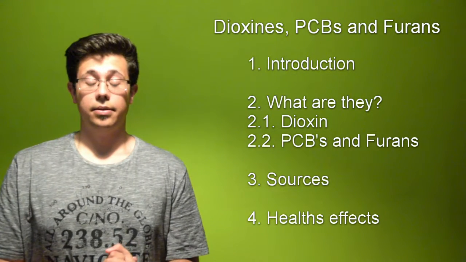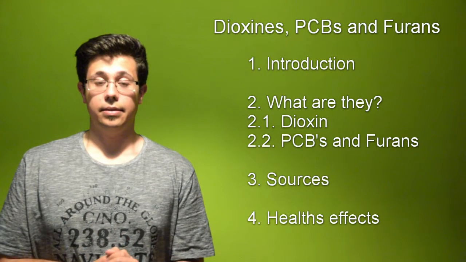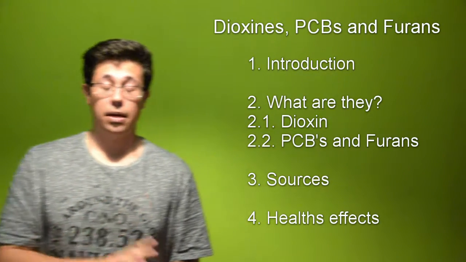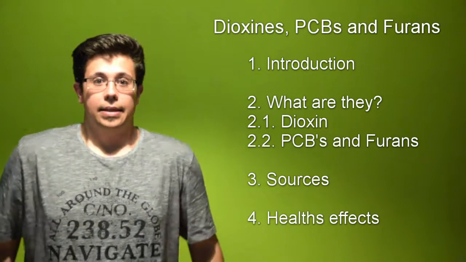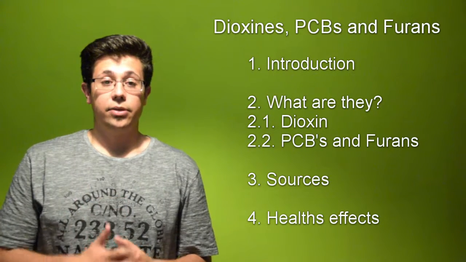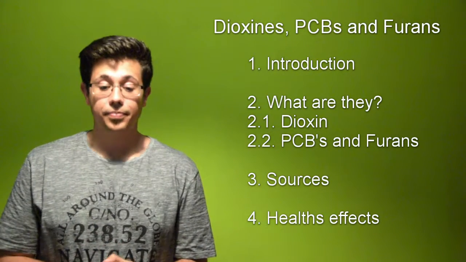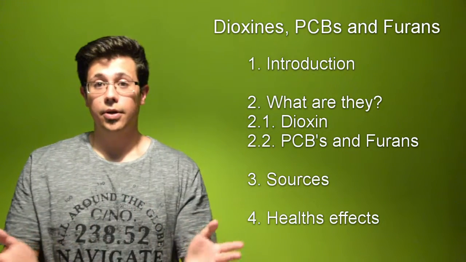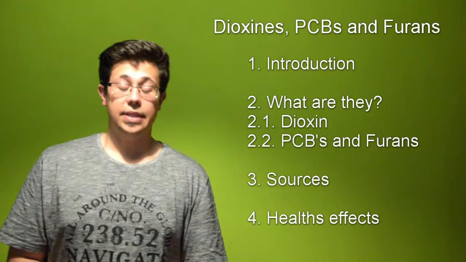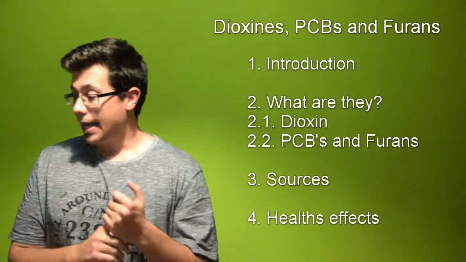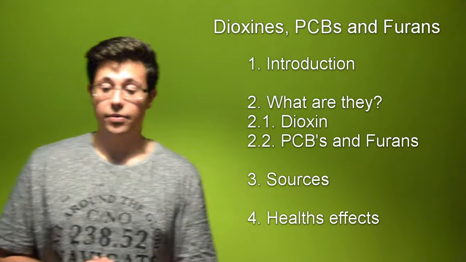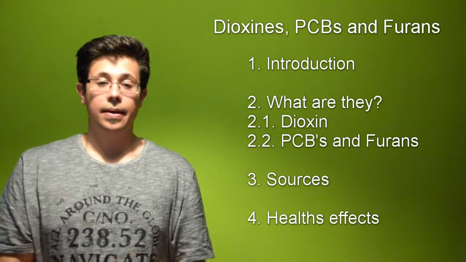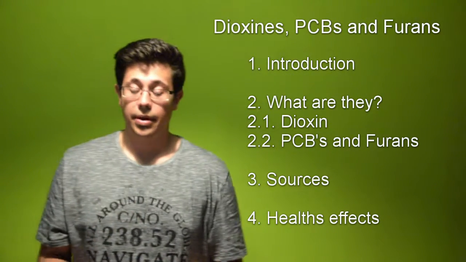Another important industry in relation to these compounds is the pulp and paper industry, which uses chlorine to bleach the pulp, and if we combine chlorine with organic compounds we produce dioxins. And also we have sources in intentional fires of PVCs or in forests.